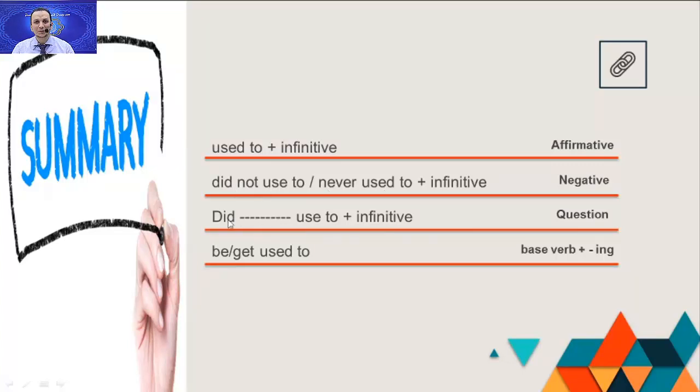In questions: did, subject, use to, plus infinitive in the interrogative. Last case, verb to be or get plus used to, followed by verb plus ing. I am used to reading. She is used to playing. Okay?